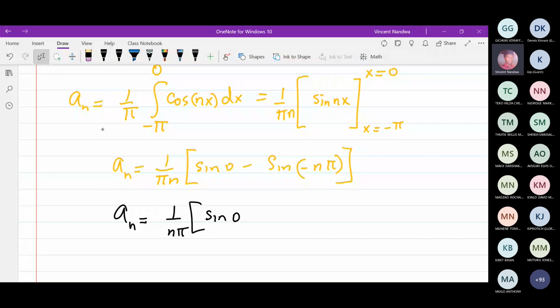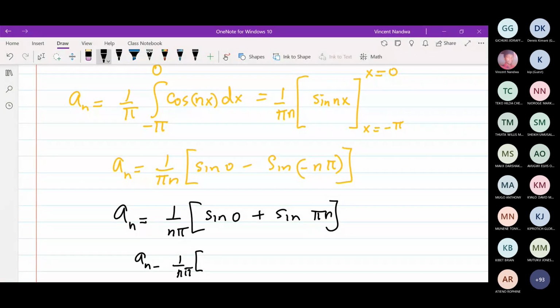And from our earlier discussion, the value of sine of pi n is 0. So we'll have 1 over n pi and sine of 0, which is also 0.